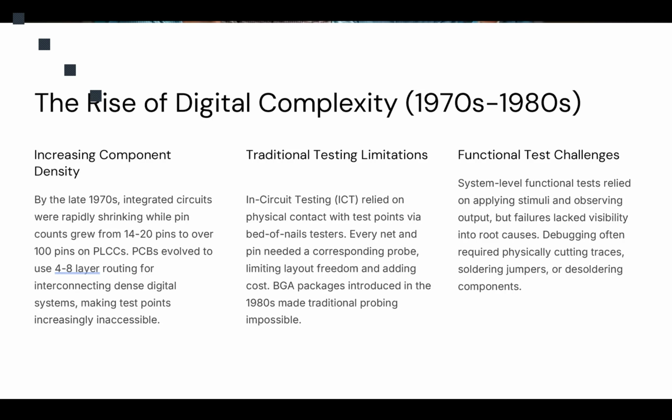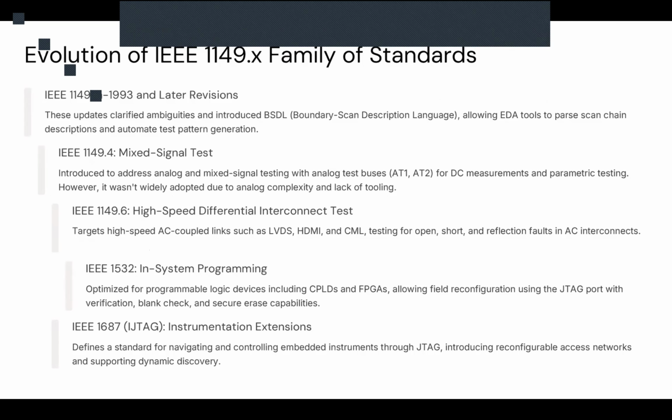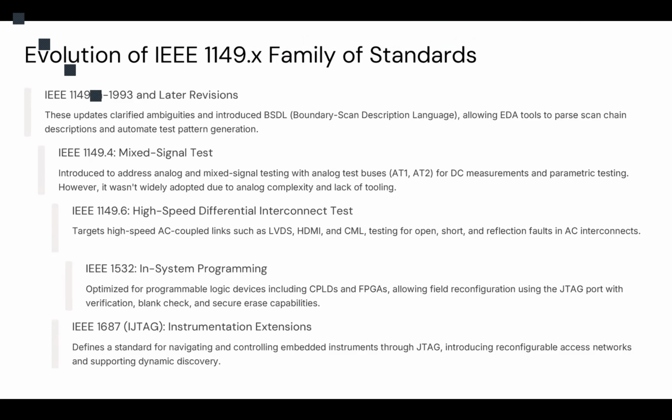JTAG, that IEEE 1149 family, was developed and expanded to address this problem. It didn't happen in one day or in one round. There was an evolution of the IEEE 1149 family. It started with IEEE 1149 Part 1 in 1990 93.